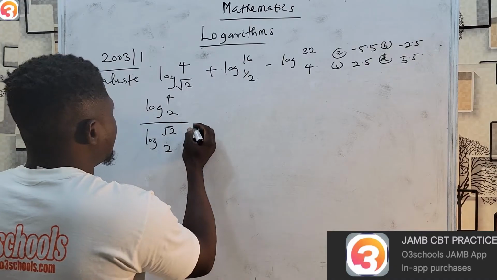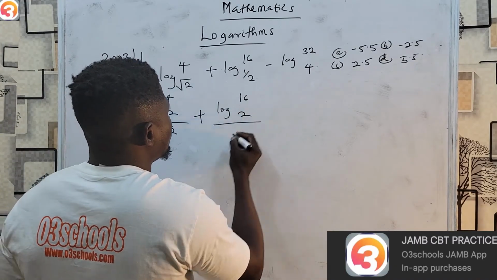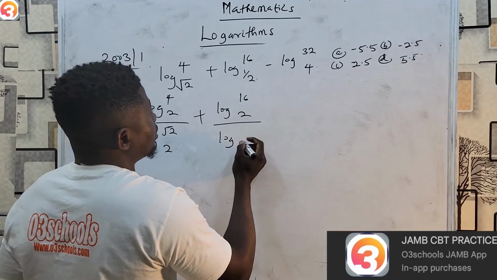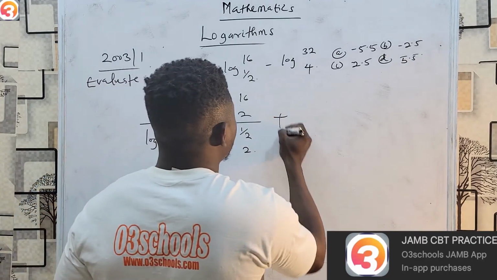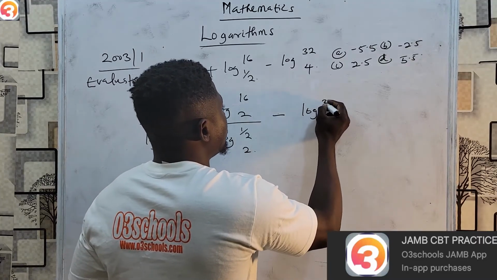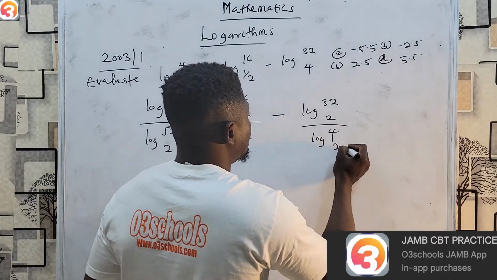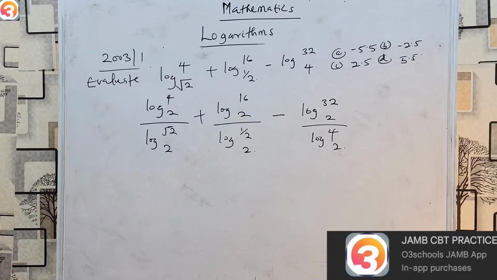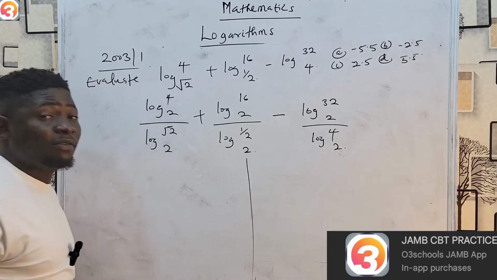Then plus logarithm of 16 to base 2 all over logarithm of 1 over 2 to base 2. Then plus, sorry, that's not a plus, minus logarithm of 32 base 2 over logarithm of 4 base 2. Right? So from here now, I'm going to jump steps so that we can be fast.